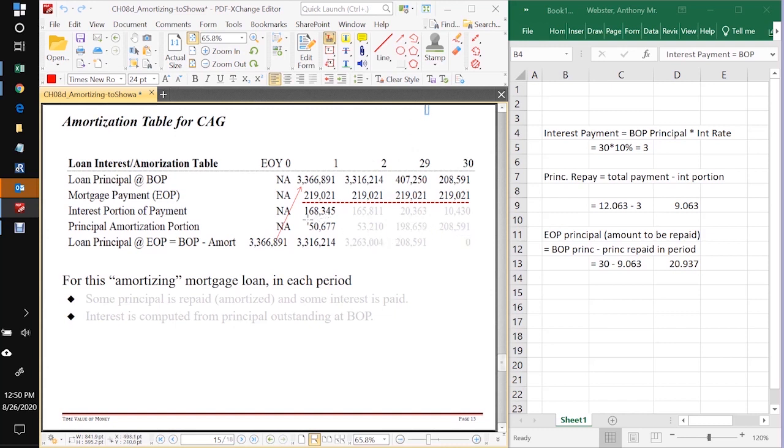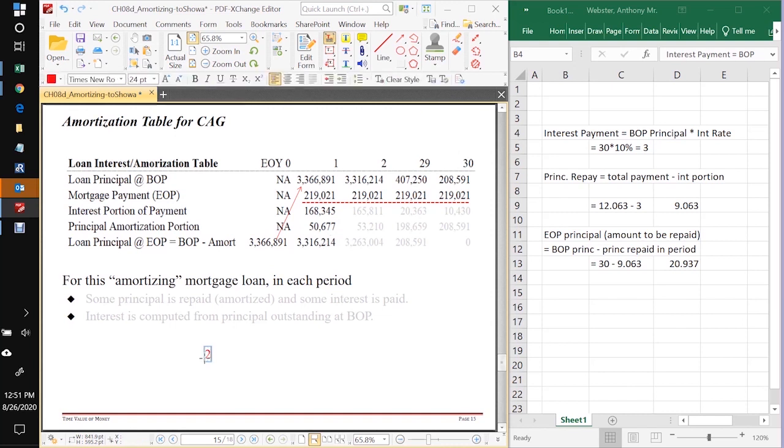And you can see here the interest portion, you can figure this out for yourself, but 5% of 3,366,891 is equal to 168,345. We subtract 168,345 from 219,021, and we get the principal paid down in the first year is 50,677, right?